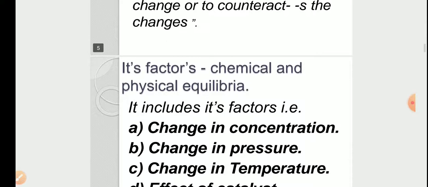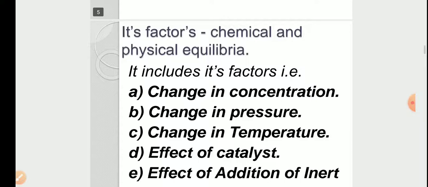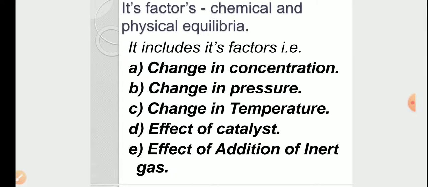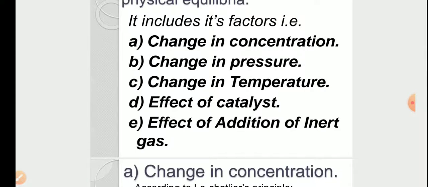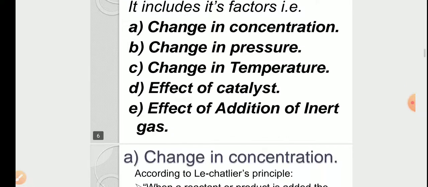And the Le Chatelier principle includes the factors by which you can disturb a chemical reaction, that is change in concentration. Yes, if you change the concentration of the reactant, then the equilibrium will be disturbed, and pressure, then temperature, then catalyst, and the effect of the addition of an inert gas.